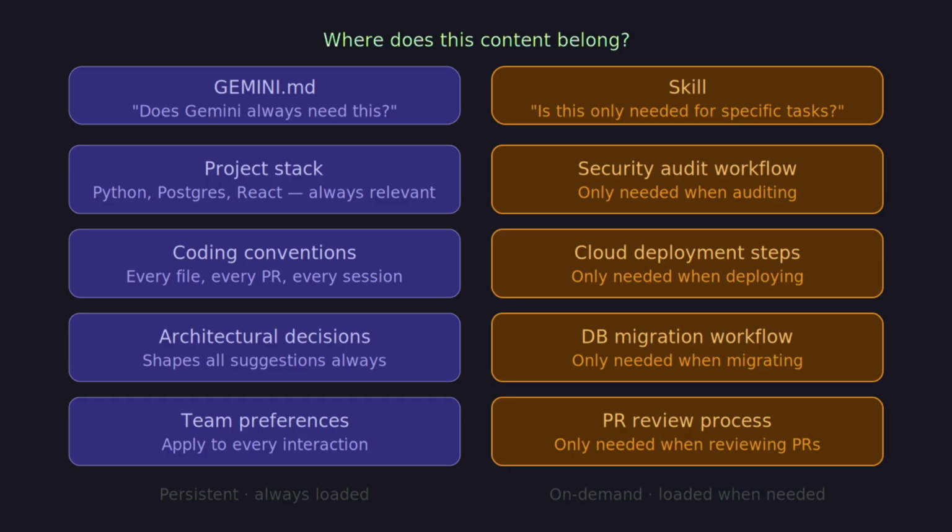They are loaded only when Gemini determines a task requires them. A security audit skill, a cloud deployment skill, a database migration skill, these are only relevant for specific tasks, so loading them always would waste context tokens. Use Gemini.md for what Gemini should always know. Use skills for specialized workflows it should know how to do when asked.